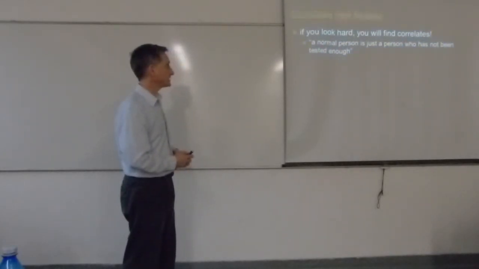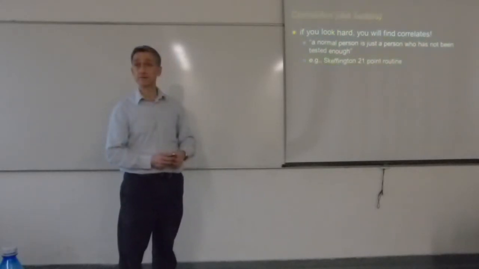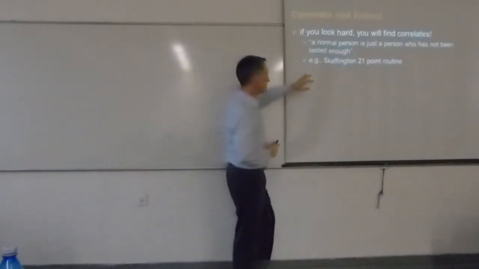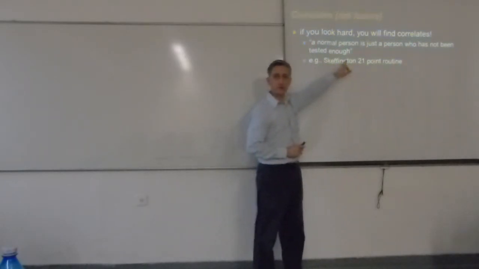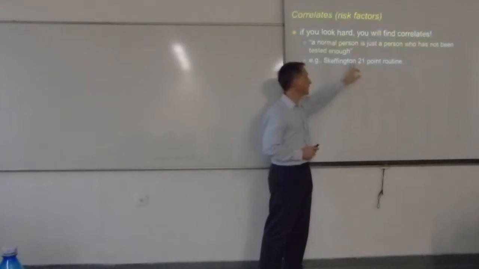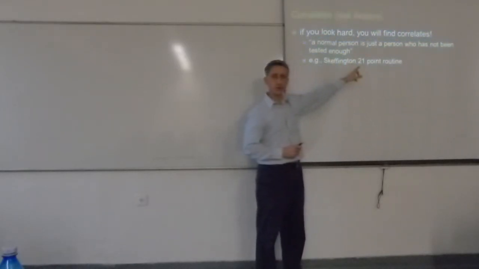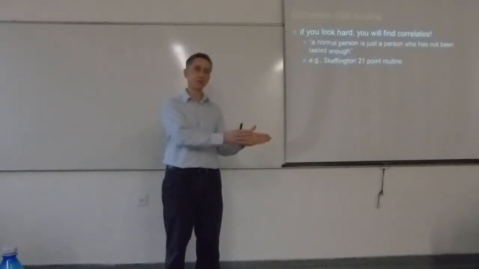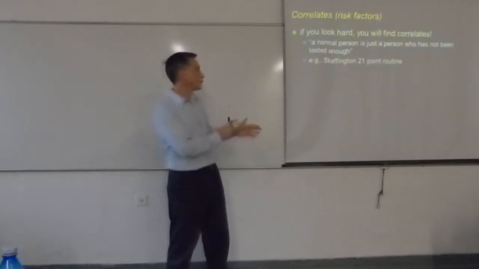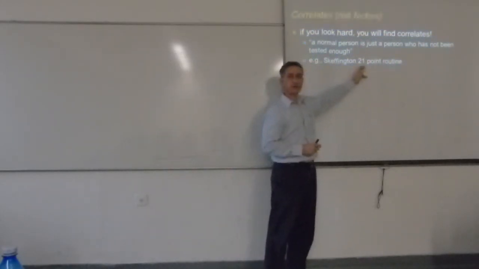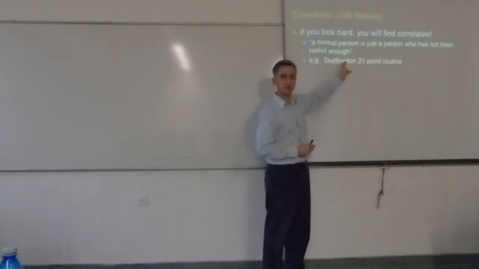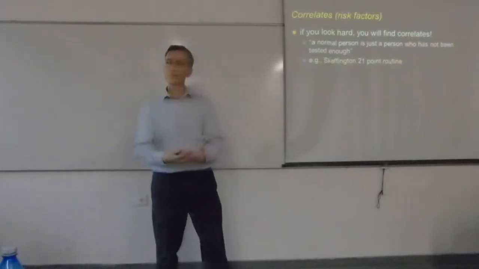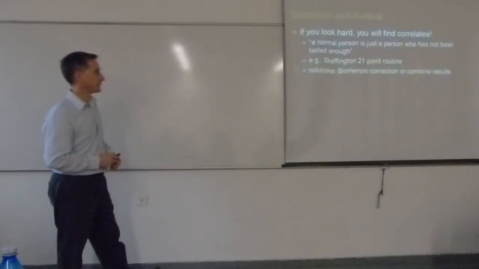And if we think about the Skeffington 21-point routine, if all of the 21 points were independent, which they're not, and for each you defined what's abnormal as the bottom 5% of the population, you'd expect everyone on average to fail at least one of those, wouldn't you? Because 5% of the population is 1 in 20, so you would fail 1 in 20 tests. The more tests you do, the more likely it is that somebody is going to fail one of them.